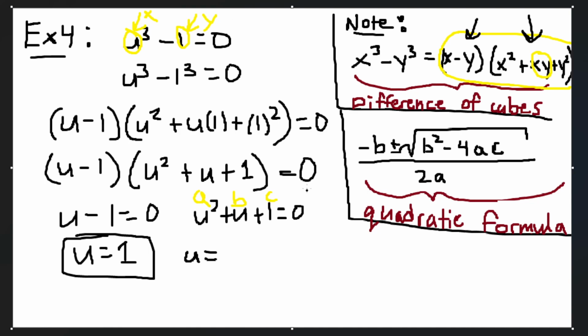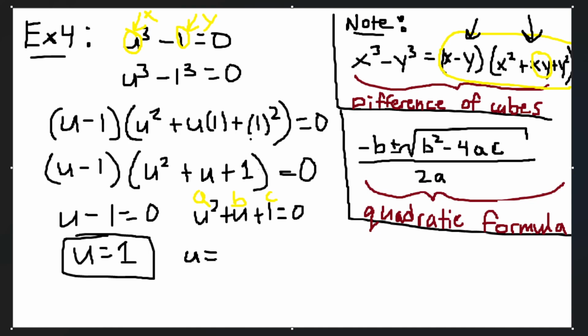If we plug those values into the quadratic equation, by the way, it would be the coefficients. The coefficient in front of the u squared is a 1, in front of the u is a 1, and c is also 1.